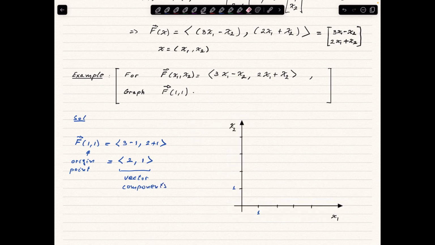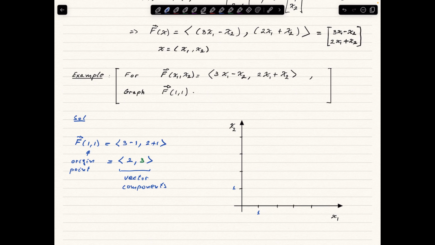If we graph that, we need to draw the vector with components 2, 1. But what did I say? 2, 3. Sorry, 2 plus 1 is 3 the last time I checked.